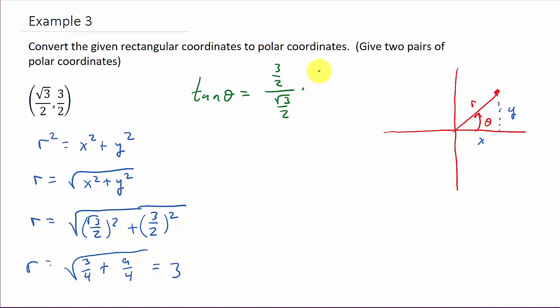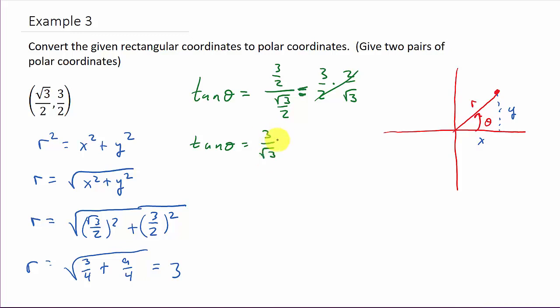That's going to be 3 halves divided by this, or 3 halves times the reciprocal. Remember that? And so the 2's cancel. And so I get tangent theta is 3 over square root of 3.